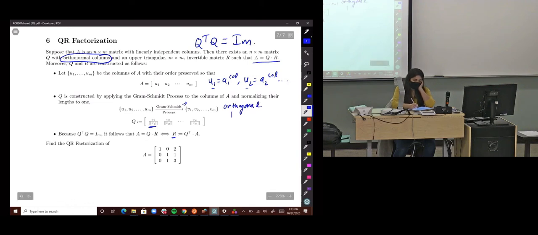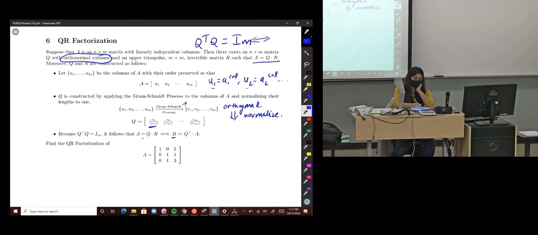And then to make them orthonormal, you will normalize, so divide them by their norm, and you get this new set of vectors, which is V1 by norm of V1, V2 by norm of V2. And you stack them up and you get the matrix Q. And Q will satisfy this property always because of the way that we built it.